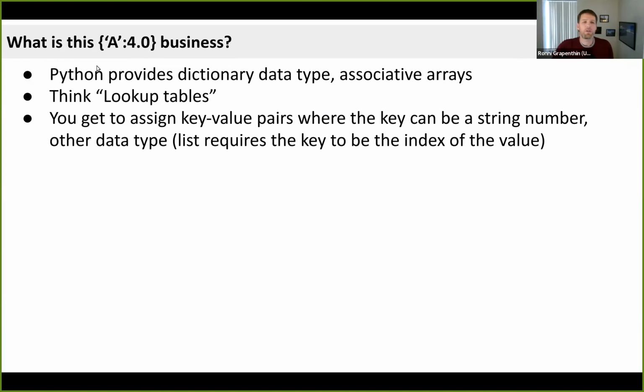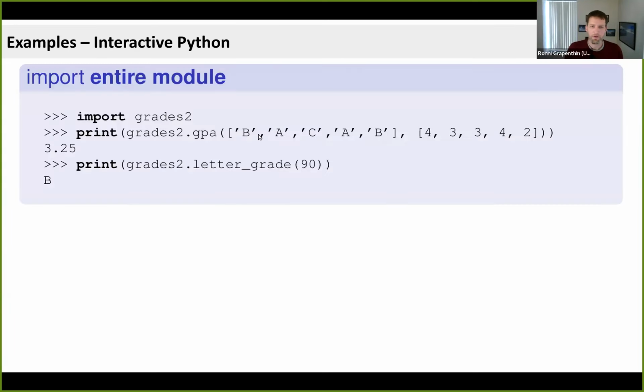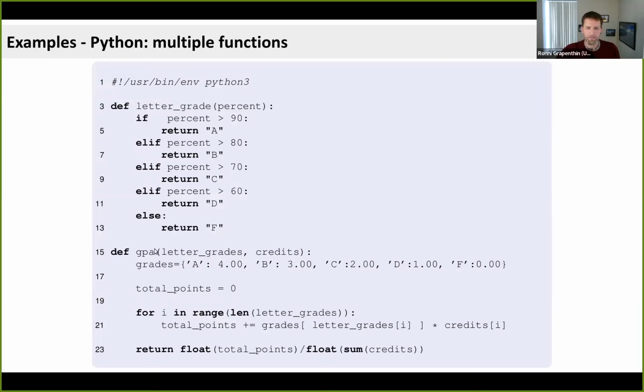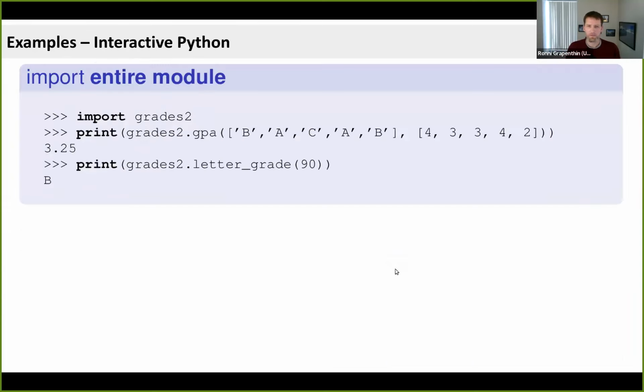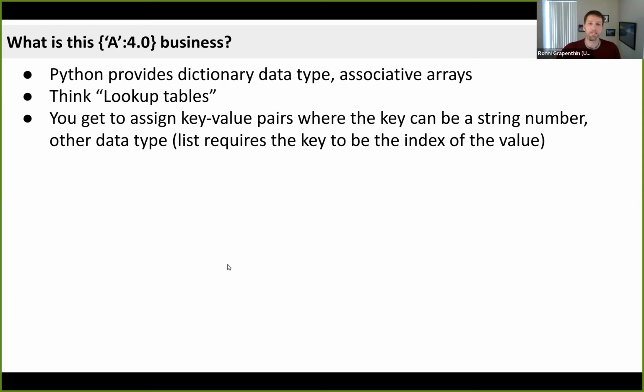So now, what is this curly braces A colon 4.0 business that we're using? Remember, up in here, I have this weird variable that I define, curly braces A: 4, B: 3, etc. What is this? This is a dictionary data type. It's an associative array. And really, all you need to think of is that it provides you the mechanism for a lookup table. And that's exactly how we've been using it.